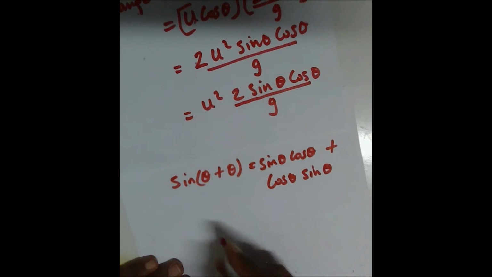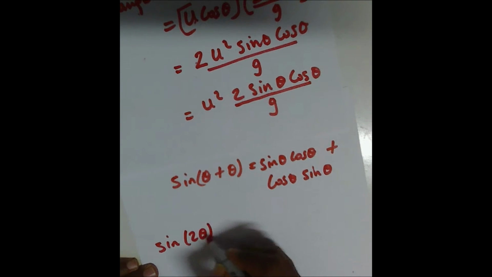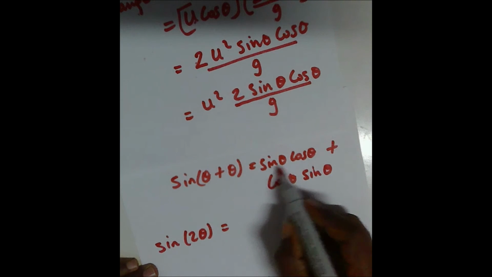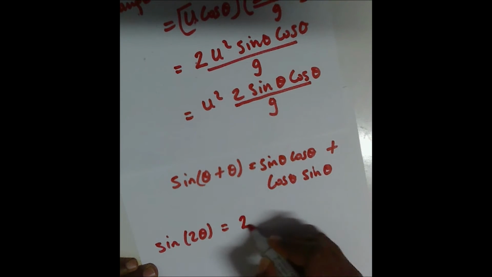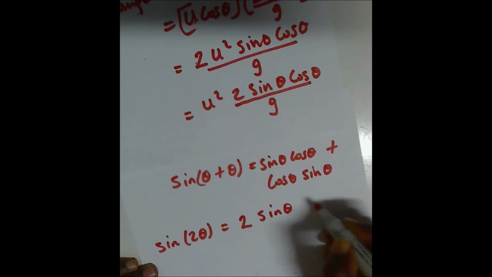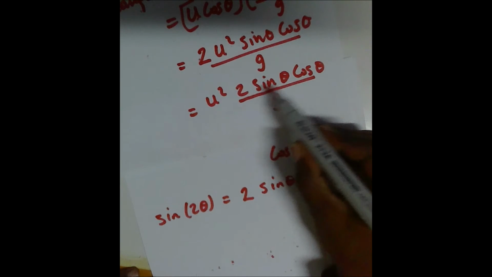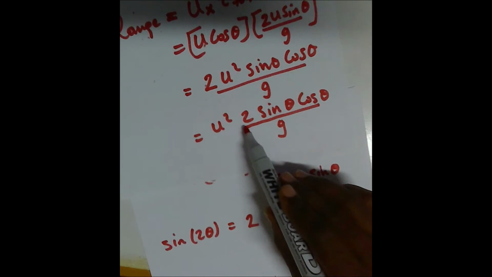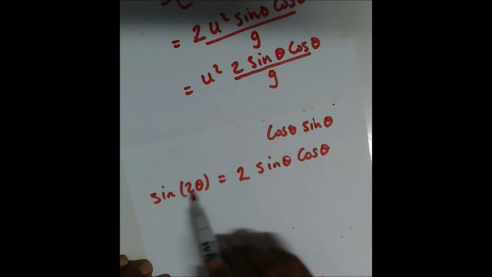So sine(theta plus theta) means sine 2 theta, which is equal to 2 times sine theta cos theta, since the two terms are the same. Therefore, 2 times sine theta cos theta over the acceleration due to gravity can be replaced by this one.